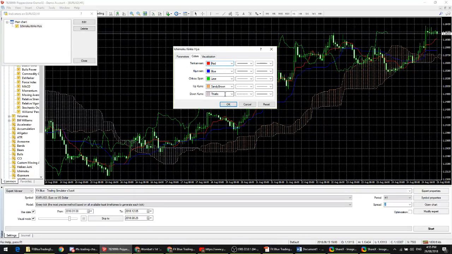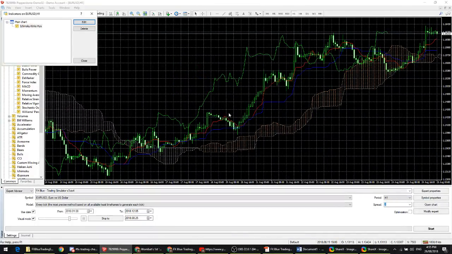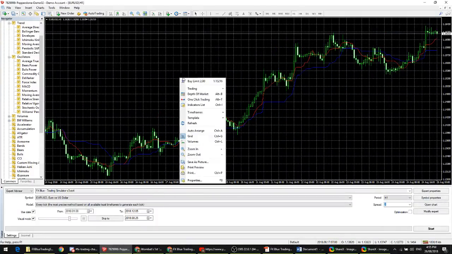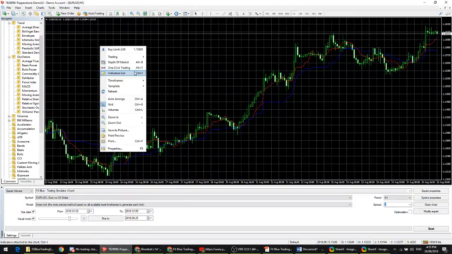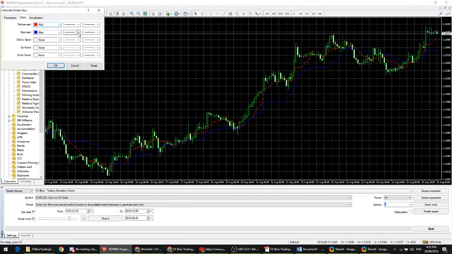Get rid of this, none, none, none. Boom, that's better. Okay, we'll just make it a little bit thicker now, so that I can see, being old man. How do I get thickness? There's thickness.